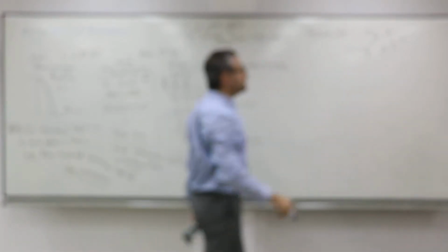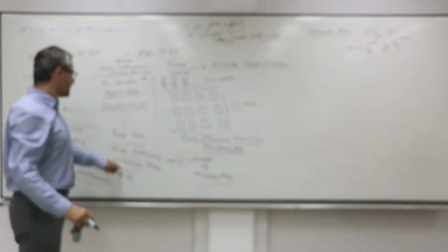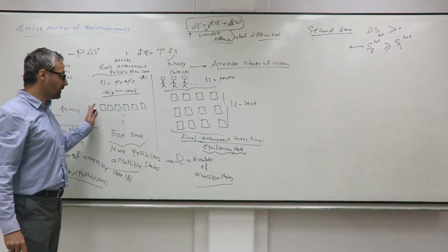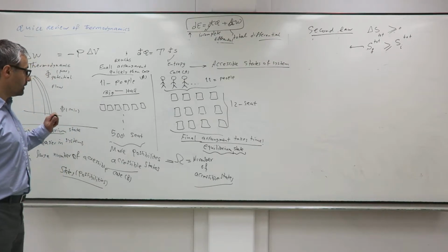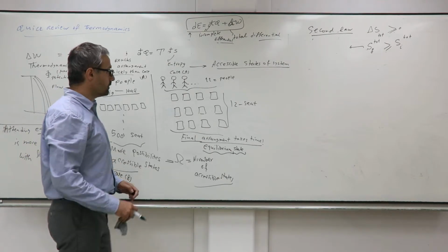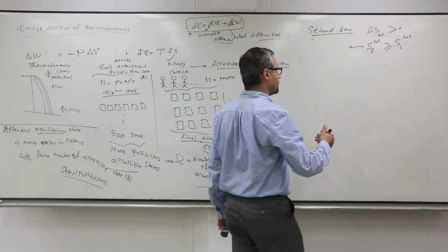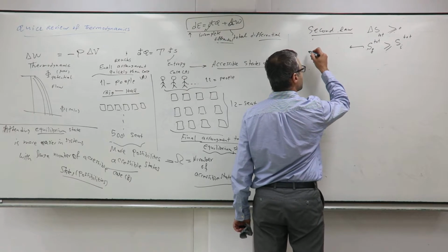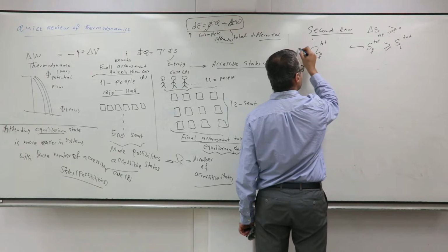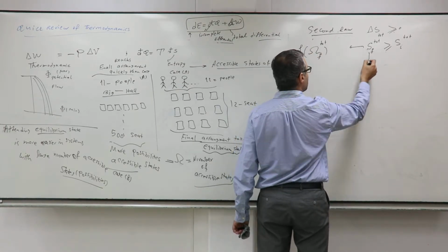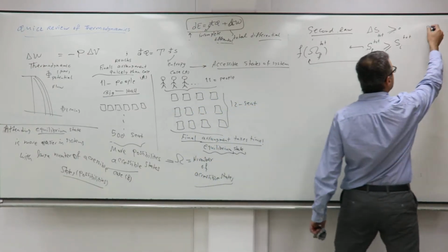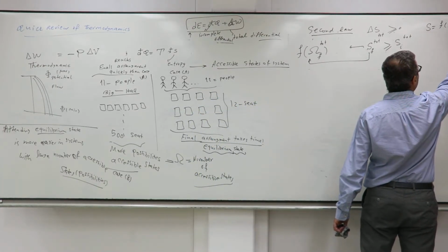When the entropy is increasing, what does it mean? The number of accessible states for the final should be much, much larger than the initial. So the system is going to have more possibilities. So omega final total, if we consider S as a function of that, because we don't know exactly the form of S, we can just understand that S is a function of omega.